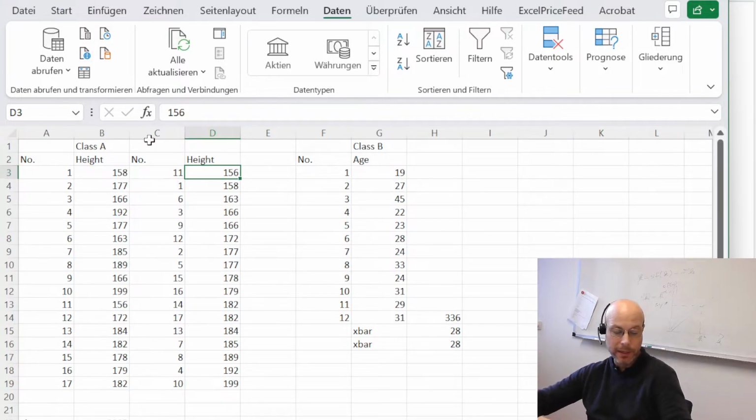I know it's quite early this morning, but what is the middle of this distribution? You have 17 people.